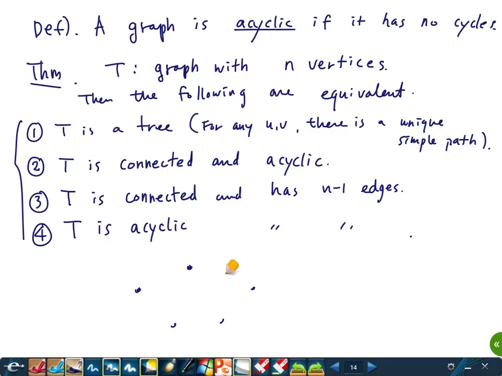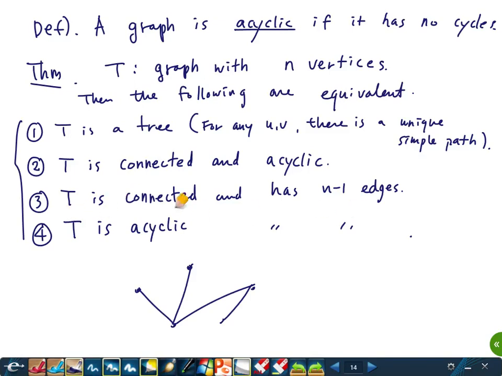So by adding one edge, you can decrease the number of disconnected components. So at least we have to add 4. So 4 is the minimum number of edges required to connect n dots.